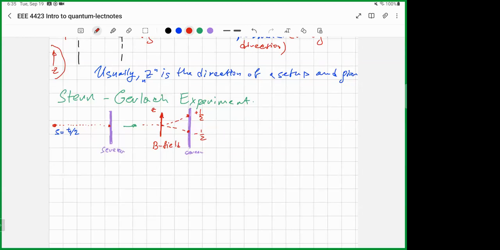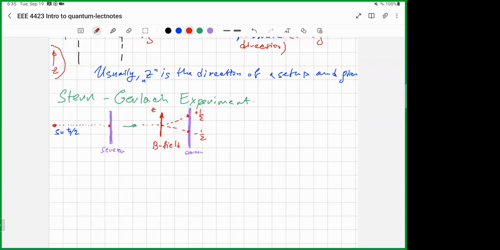So it checks or measures in which quantum state this electron is in, either up or down. And then each single electron state collapses to either state up or state down. When it collapses to the state up, the electron goes up. When it collapses to down, it goes down. So we got these two spots on the screen.